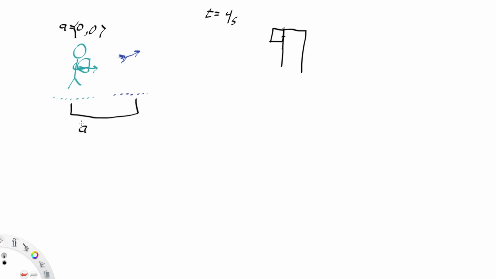So our acceleration is, say, 1.5, something in the x direction. And then at this point here, the bow has done its work, and the acceleration is just gravity.